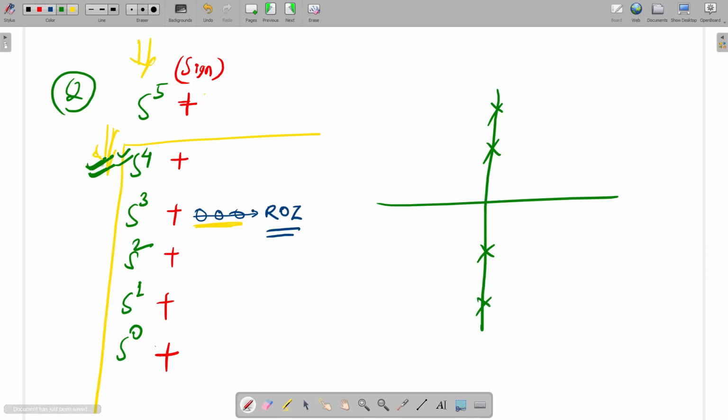The rule is that the order of the auxiliary equation is there, so four poles should compulsorily be symmetrical with respect to origin. But since no sign change is there below this auxiliary equation row, there is no pole in the right hand side. So if no pole in the right hand side, how can these four poles be symmetrical with respect to origin? It is possible only when they come on the j omega axis.